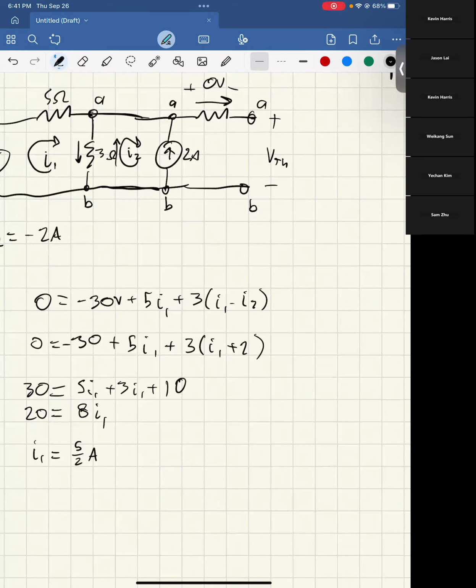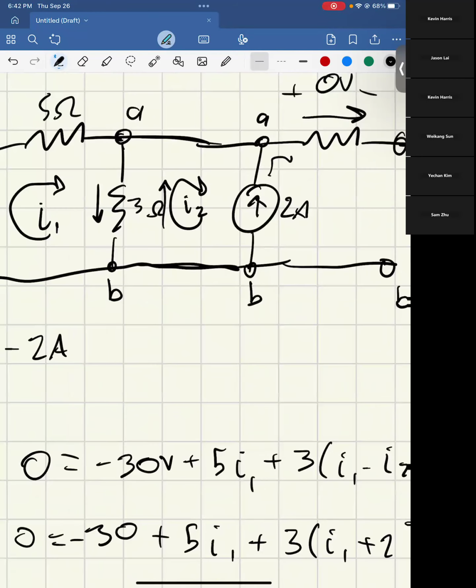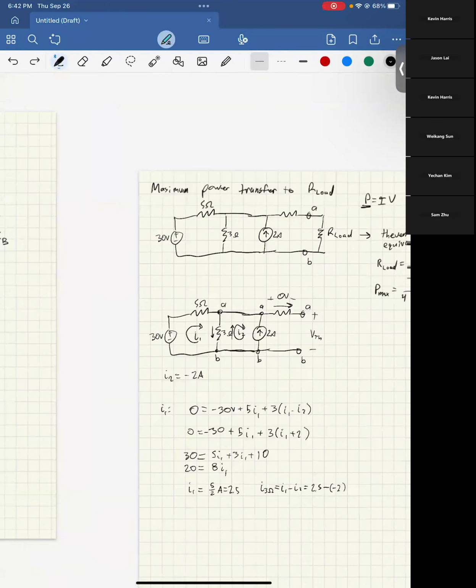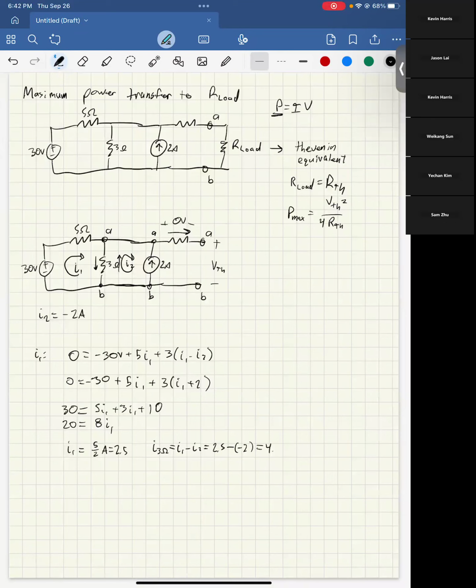So the current through that 3 ohm resistor is I1 minus I2, which equals 2.5 minus negative 2. That makes sense, because there's nowhere for it to flow to the right, so it flows to the left and then probably down through here. So this equals 4.5 amps.